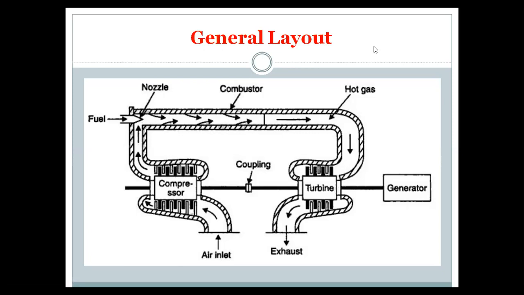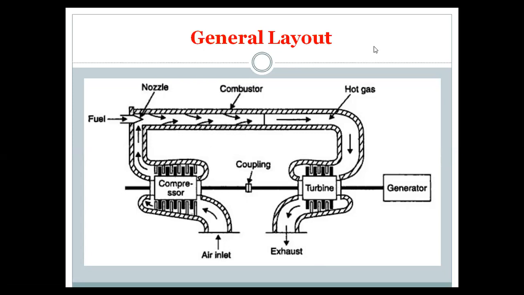Heat energy is added to that compressed fluid in the chamber. We call it a combustion chamber or combustor. This high energy fluid at high temperature and high pressure expands in the turbine unit, thereby generating power at the output shaft.